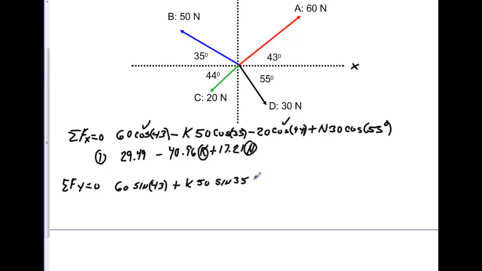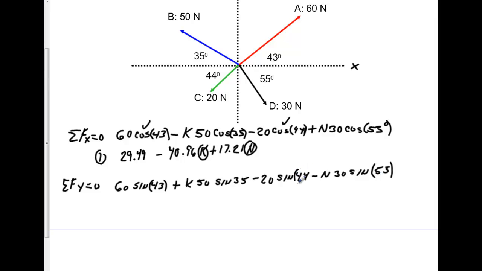And then we're going to go minus 20 sine 44. And then we're going to do minus N times 30 times the sine of 55. I'll go ahead and put the parentheses in.